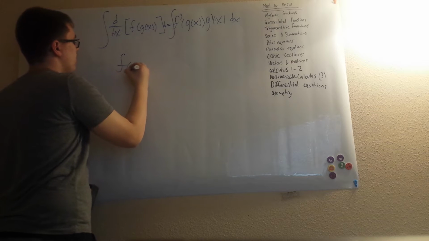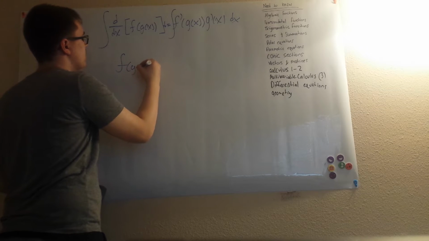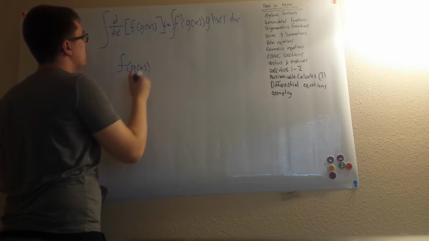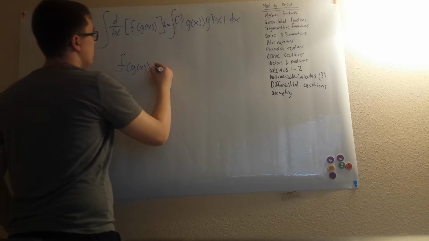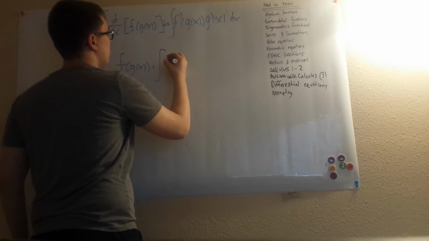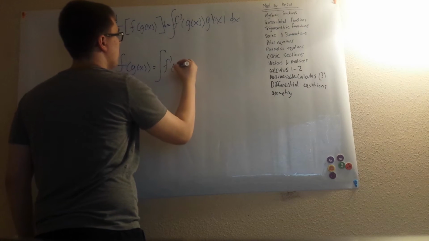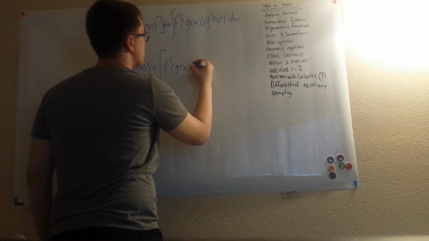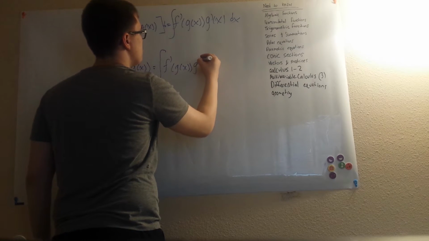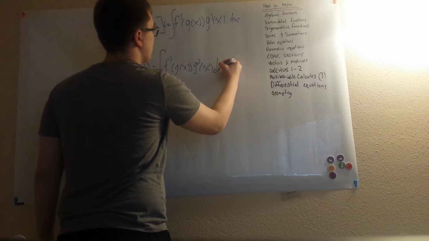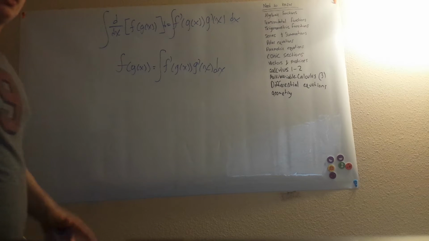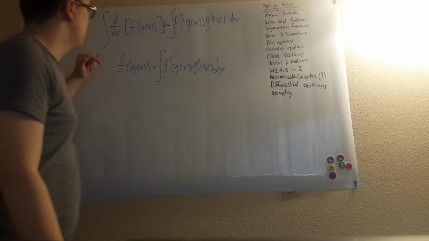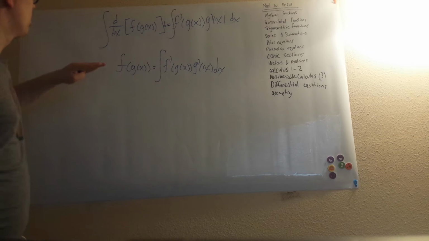So you're left with f of g of x equals the integral of f prime of g of x times g prime of x dx. That is your u substitution. Kind of. It is not really.